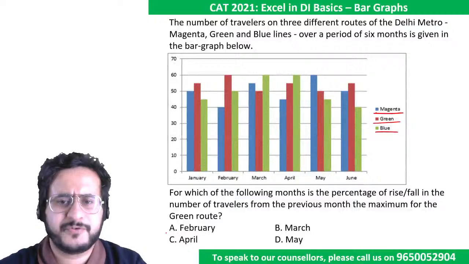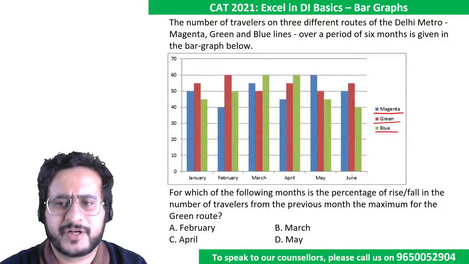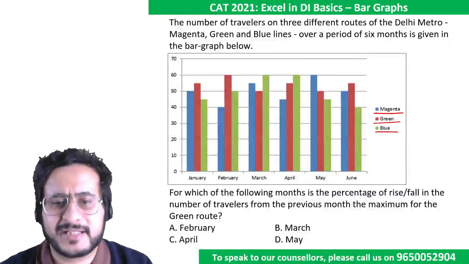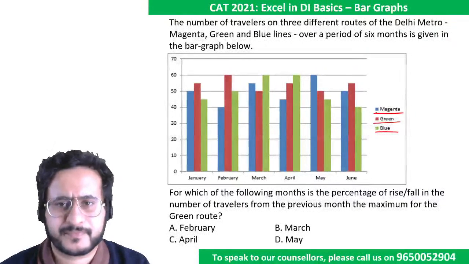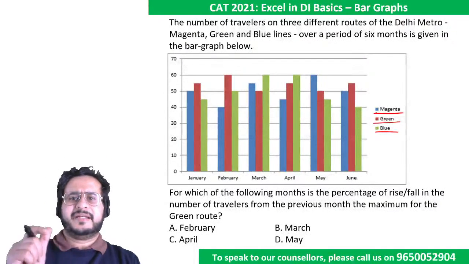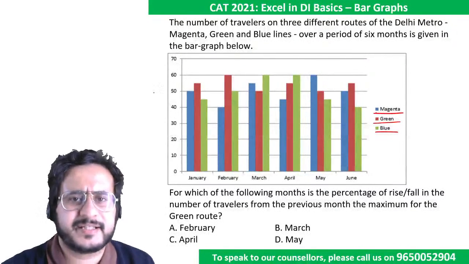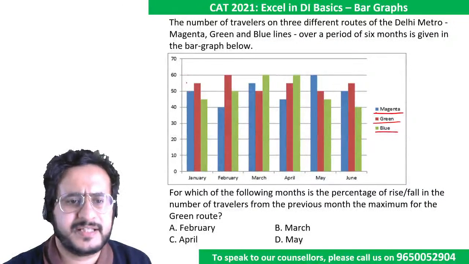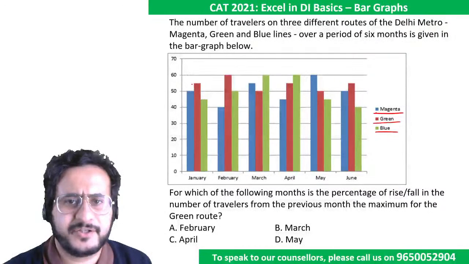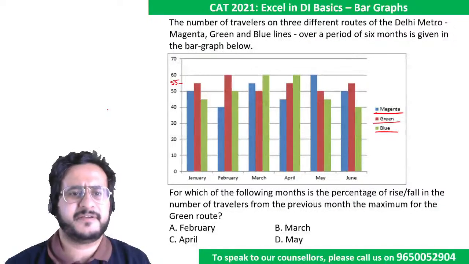The first question is, for which of the following months is the percentage of rise or fall in the number of travelers from the previous month the maximum for the green route? While reading a graph, one thing to notice, like say these values are 50, 60, and if some value is not given here, you should take a central value, right? So that is 55.